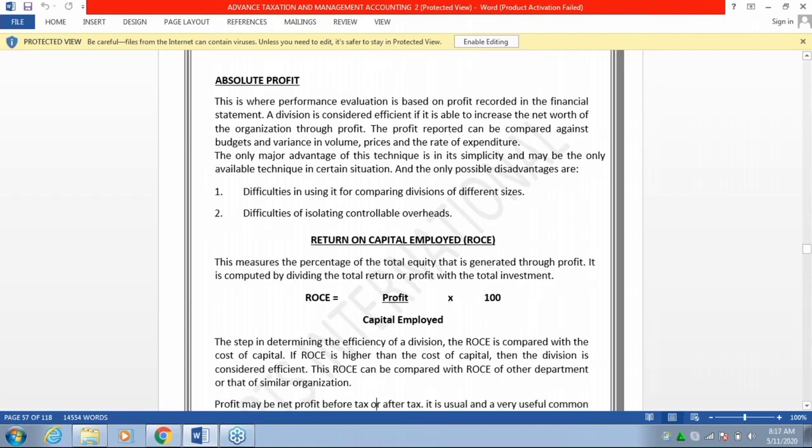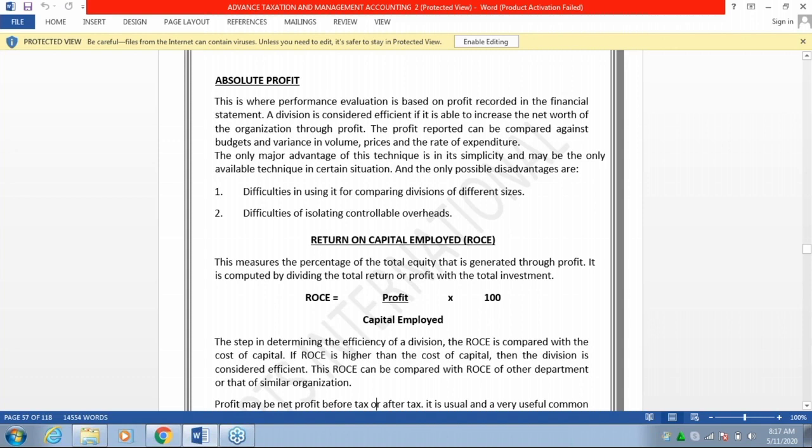Now, ROCE, that is return on capital employed. How do we determine that? This measures the percentage of the total equity that is generated through the profit, and it is computed by dividing the total returns or profit by the total investment.